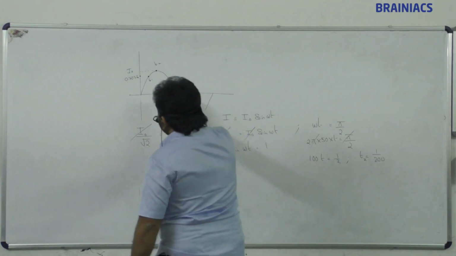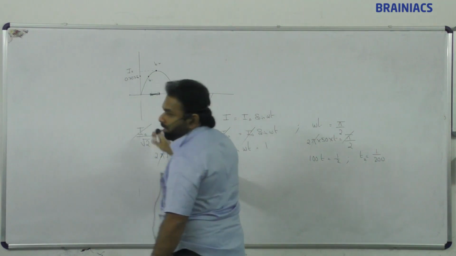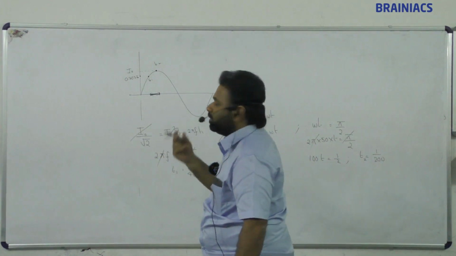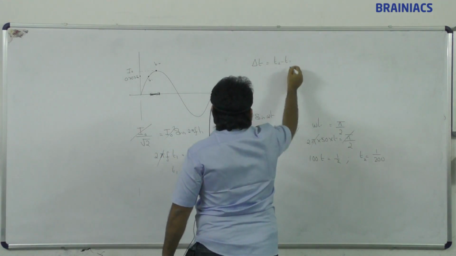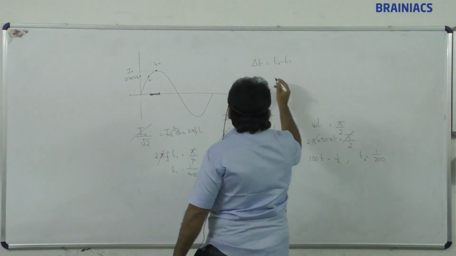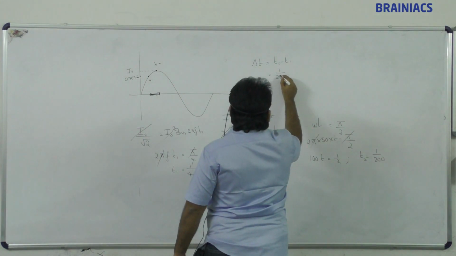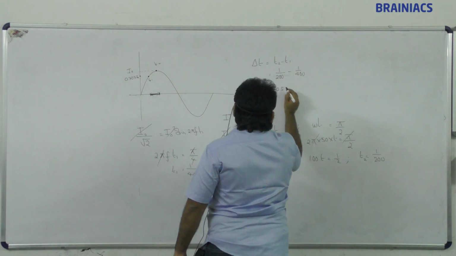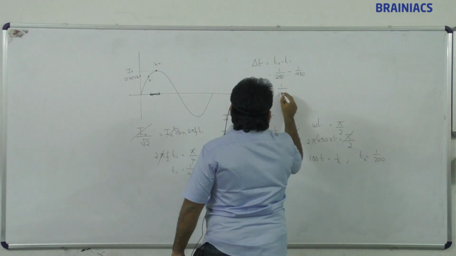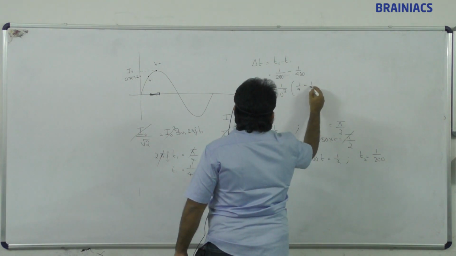So how much duration does it take? This duration is what we need. So the time duration is T2 minus T1, the difference of these two. So 1 by 200 minus 1 by 400, that is 1 by 2 minus 1 by 4.